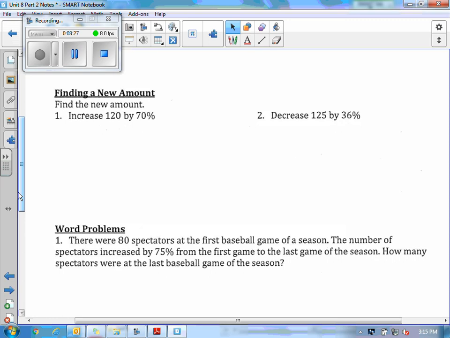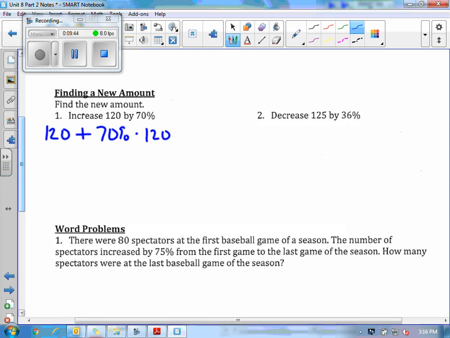So the first one says to increase 120 by 70%. So what that means is I'm going to have my original 120. Since I'm increasing, I'm going to add 70% of, which is multiplication, 120. So I have my 120, 70% I need to turn into a decimal, and then I'll multiply that by 120.